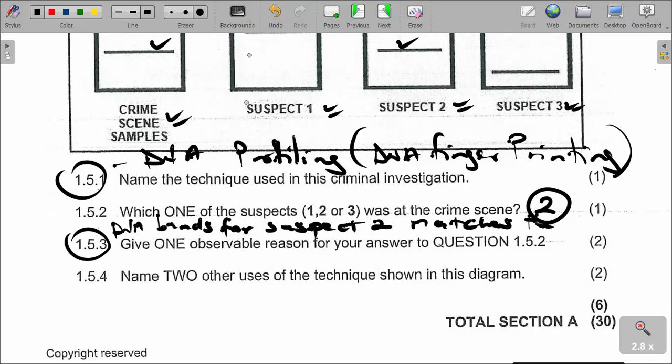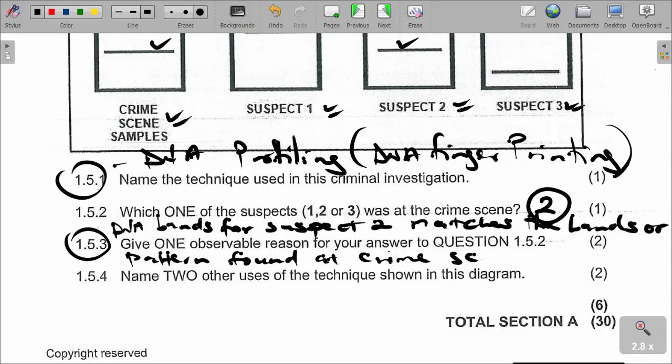It matches the bands or pattern which is from the crime scene. That is what happens there. We are saying there is a match, as you see the way we were marking there.